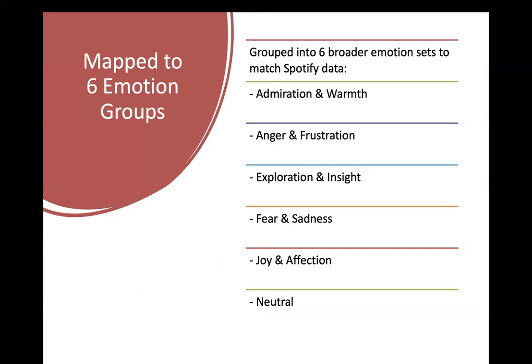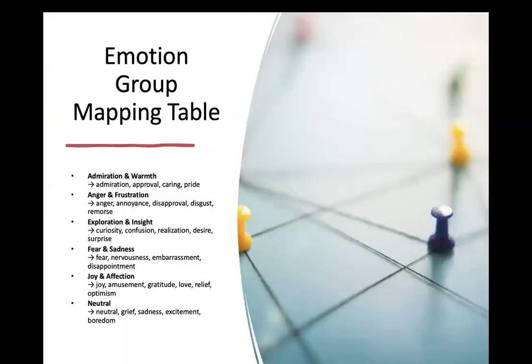Here is how we approached the mapping. We manually grouped the 27 emotion labels into six broader emotion categories based on similarity and musical alignment. This made it easier to bridge the gap between text emotion and Spotify audio features. In the next slide, there are examples of how we match them.